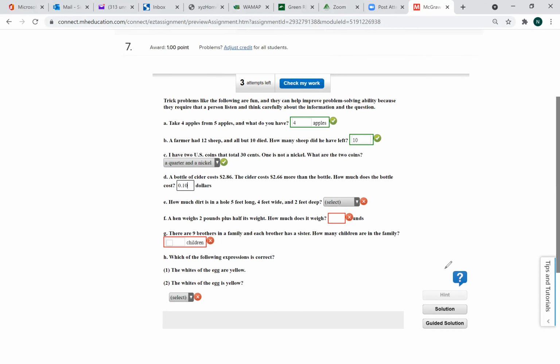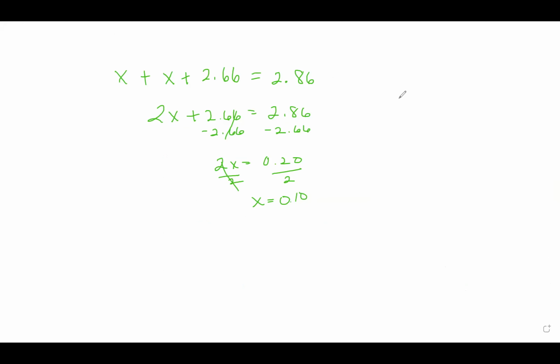So this is kind of that same thing. I think 2 pounds plus half its weight. How much does it weigh? So let me clear.